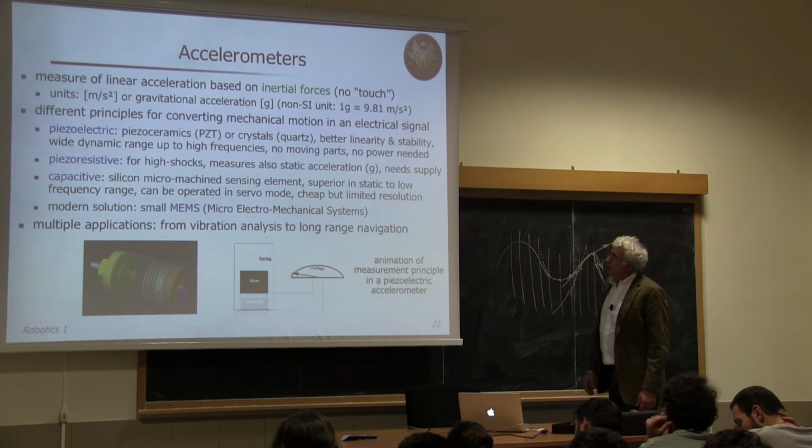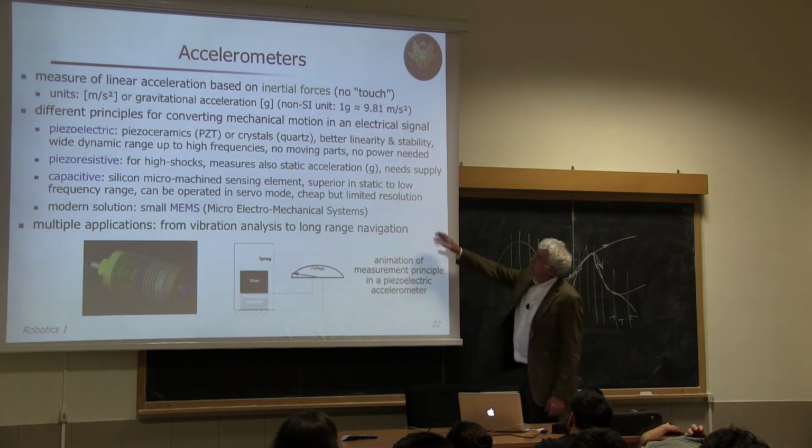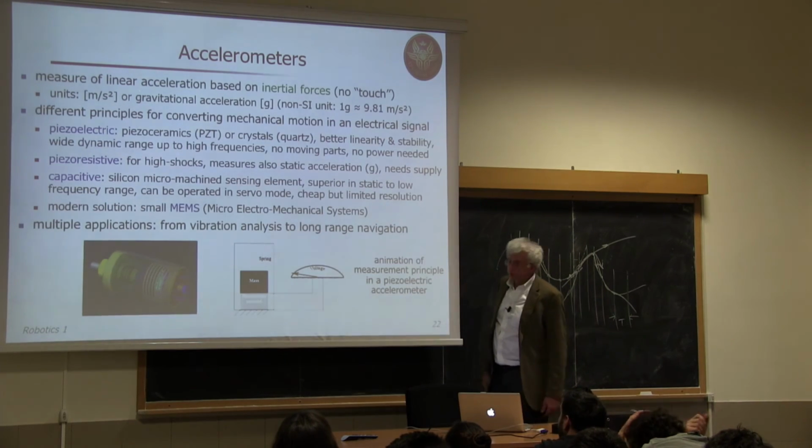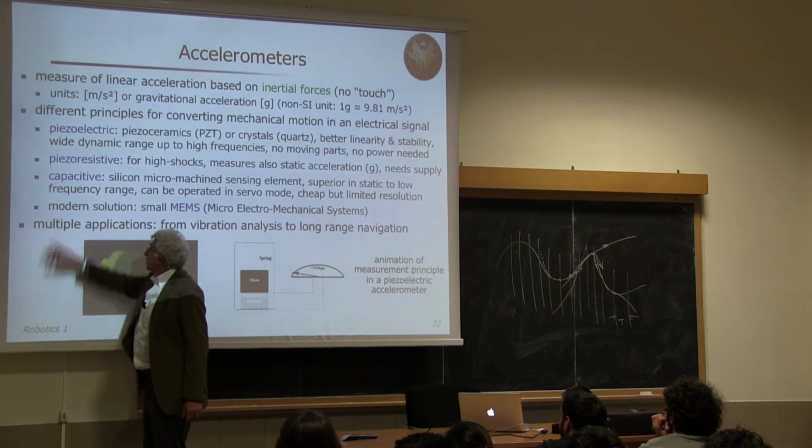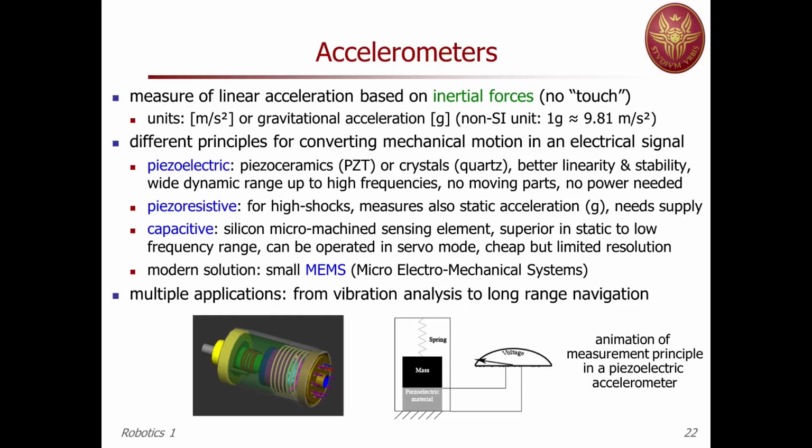There are actually several types of technologies used, mostly piezoelectric. Some are piezoresistive, and some are capacitive. And the capacitive ones are the typical solution when you're doing MEMS implementation, so a solid-state implementation of these accelerometers.